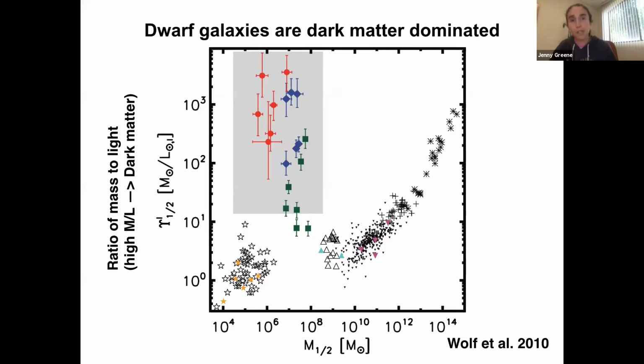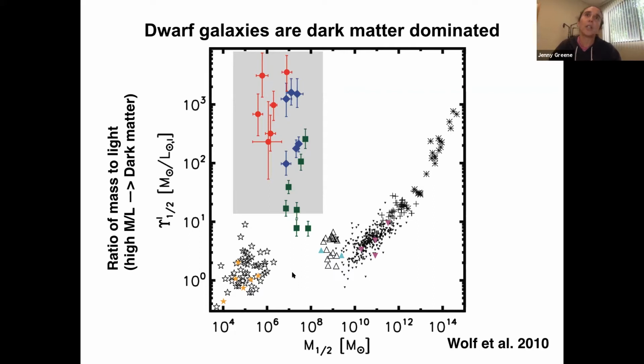And for a lot of reasons, we hope that a fruitful line of inquiry will indeed be to look at dwarf galaxies. One reason is that they are some of the most dark matter dominated structures in the universe. This is dynamical mass here on the x-axis and mass to light ratio on the y-axis.